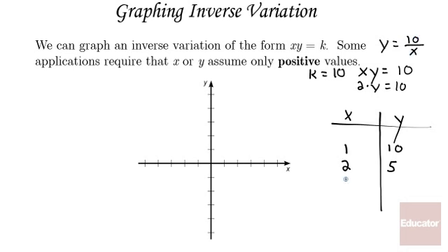Next, if I let x be 5, you can see that y is going to be 2. And if x is 10, y will be 1. So right now I'm just working with some positive values, but we'll do some negative values in a minute because I'm not putting that restriction on this equation stating that x or y needs to be a positive or negative value. We're just going to let it be either.